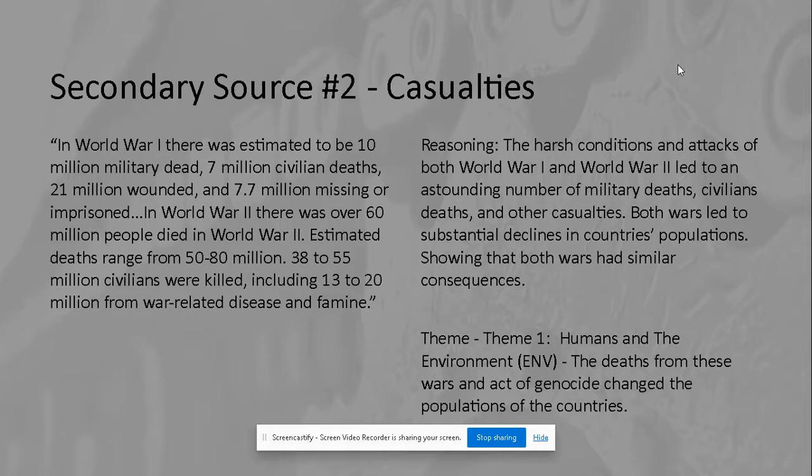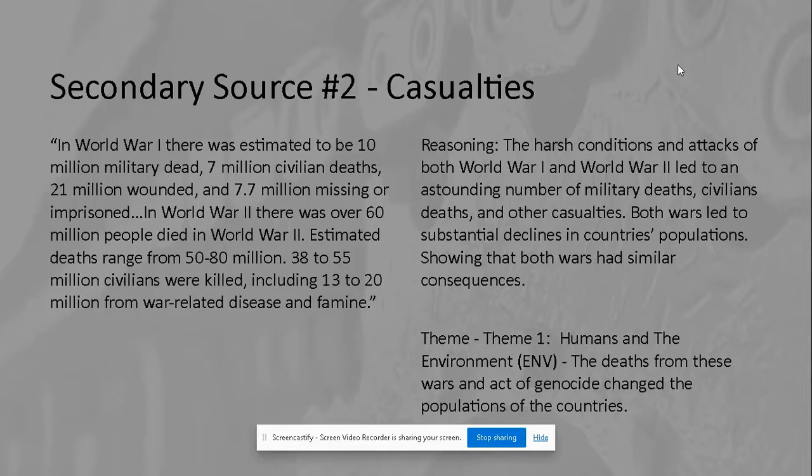And secondary source number 2: casualties. A lot of people died during World War One and World War Two. World War Two had the most deaths, estimated at around 5 to 8 million, including many civilians, and deaths caused by diseases and famine.